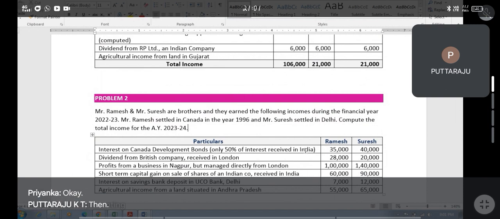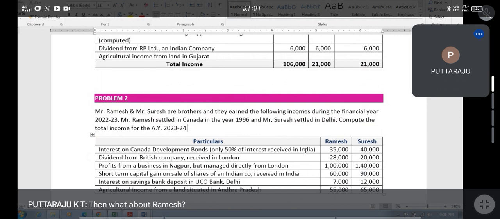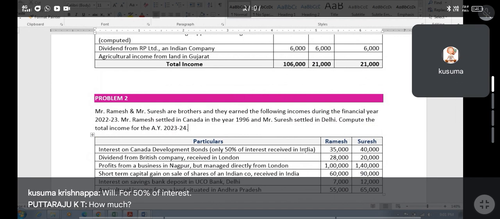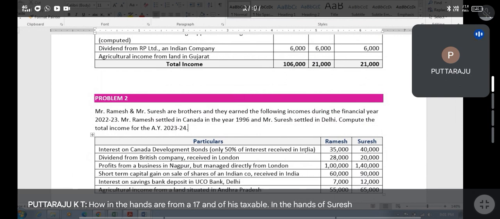Then what about Ramesh? For 50% of the interest, 17,500. In the hands of Ramesh, 17.5 is taxable. In the hands of Suresh, the entire 40,000 is taxable.